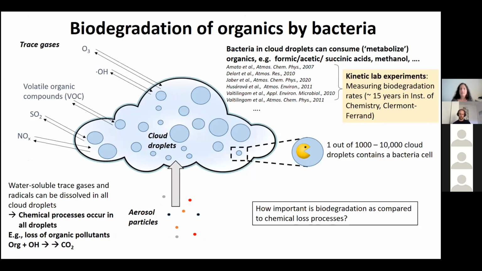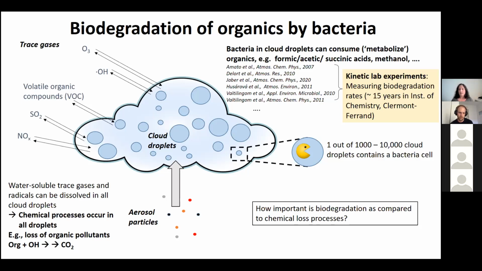The second one is biodegradation of organics by bacteria. We all know that there are a lot of organic compounds in the atmosphere, in the gas phase, and also in particles or in cloud water. There are very detailed chemistry models that describe their loss and oxidation processes in the air and in water, so in the cloud phase.